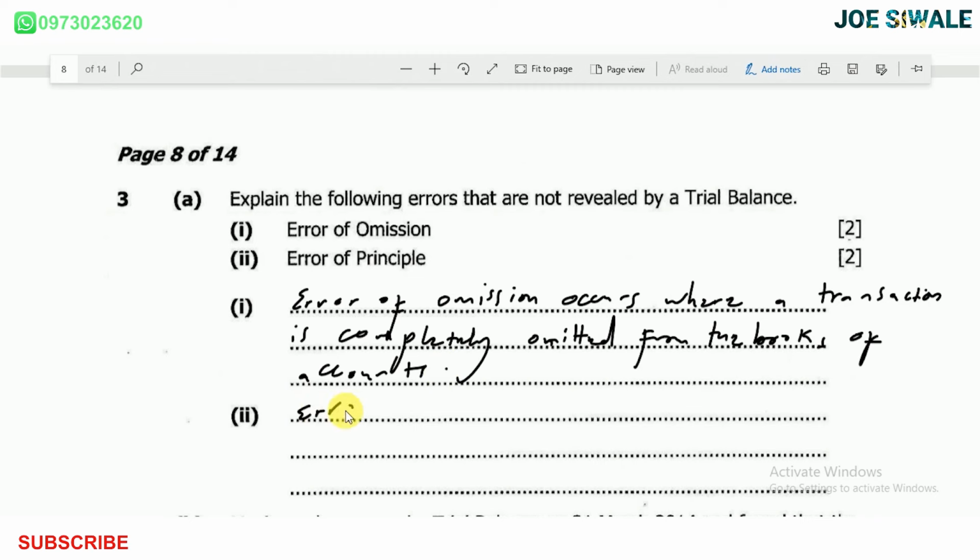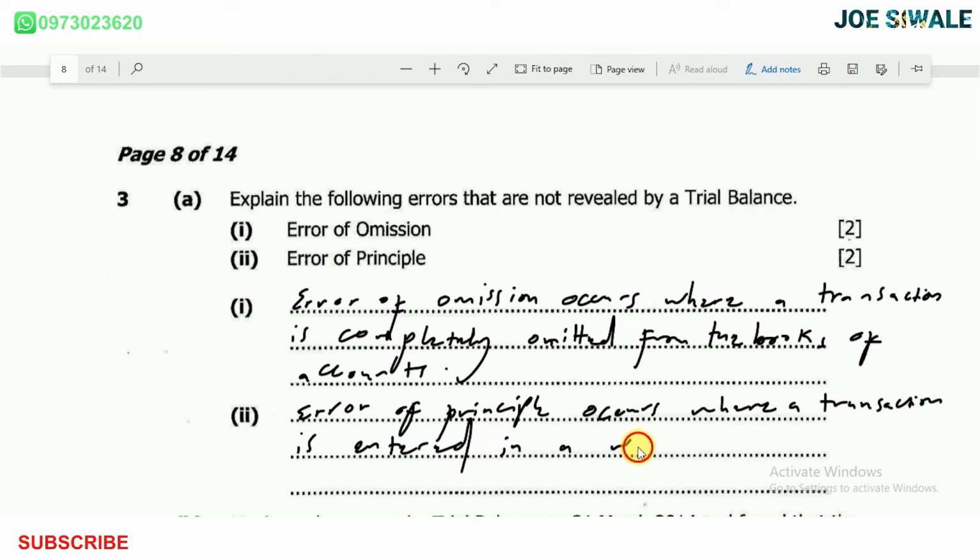So we have error of principle occurs where a transaction is entered in a wrong class of account.